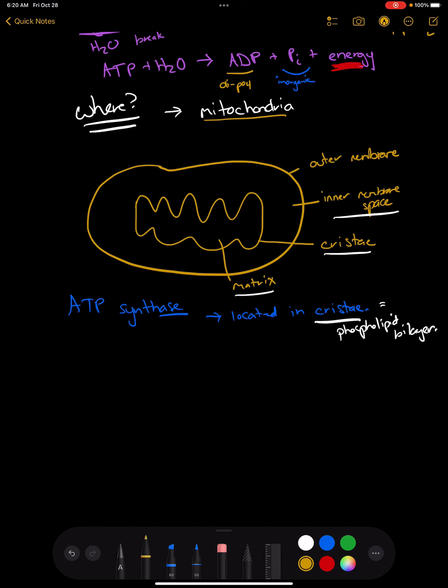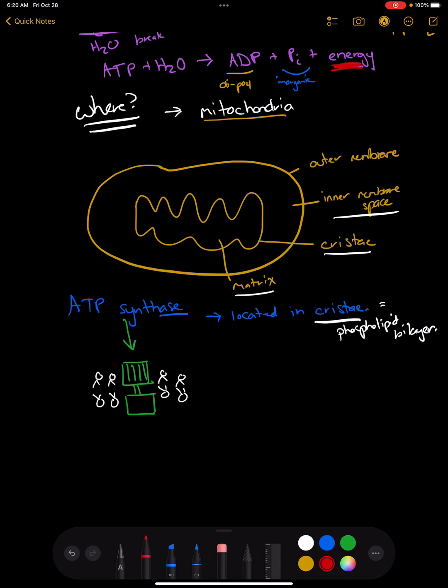So if I wanted to draw ATP synthase, he looks like this. We're going to draw a box with lines, and then we're going to draw an empty box. So this is ATP synthase right there. And since he's in a membrane, let's draw some phospholipids around him. There you go.